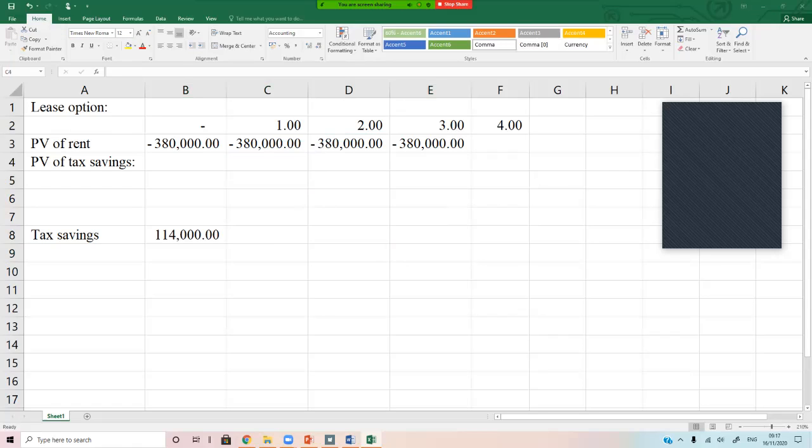You're paying tax 1 year in arrears. Tax for year 1, when do you pay it? Brian. You pay tax for year 1 in year 2. Yes.